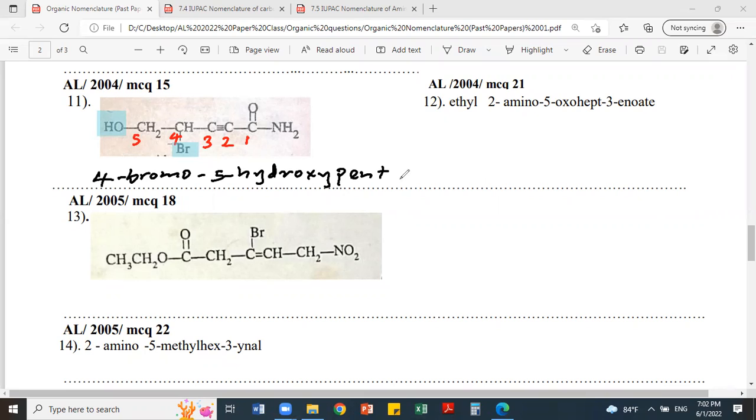The triple bond begins from the second carbon. Therefore, 2-ynamide. You don't write yne here, because alkyne is yne, like ethyne, propyne. So it's yn, and to that you have to add amide, ynamide. So 4 bromo 5 hydroxy pent 2 ynamide. I'll highlight this.